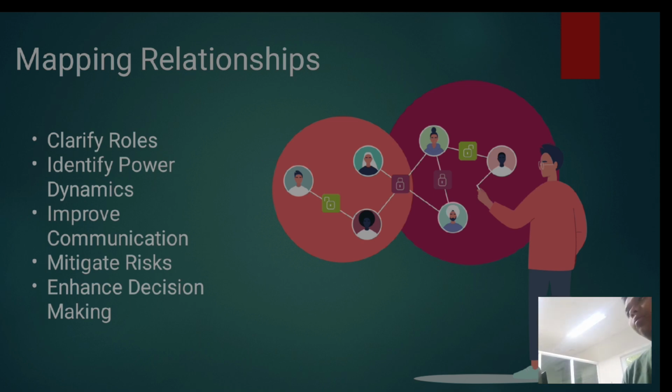Also, when it comes to communication, it is another important part of stakeholder analysis to improve the communication. So there is a check and balance, per se, in the organization, in the stakeholders.